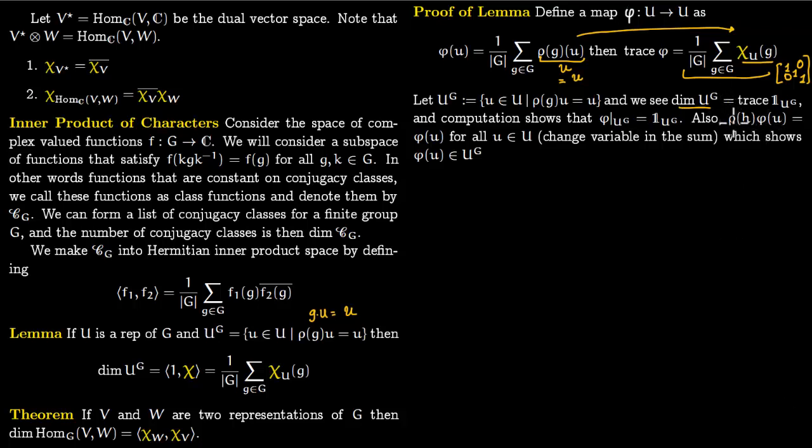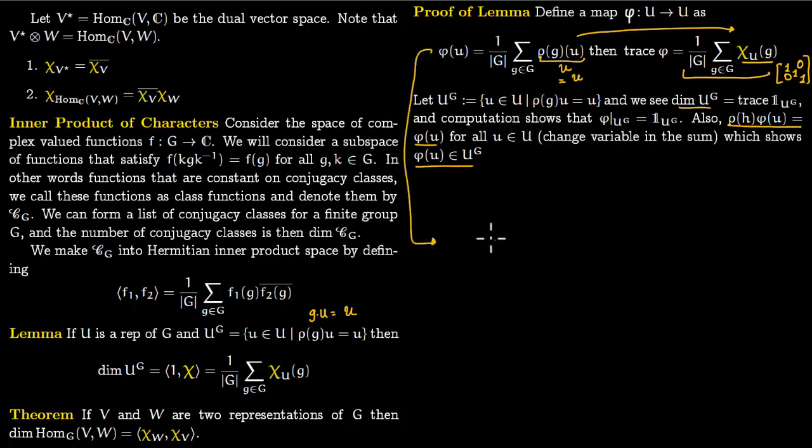Now we can also show that if rho of h acts on phi of u, you still get phi of u. That essentially means that phi of u lies in u of g. So rho of h acting on phi of u still gives you phi of u. This is because you can change the variable here. So let us do this.